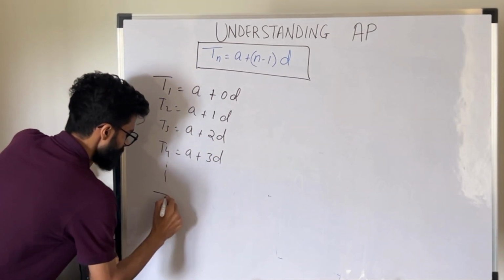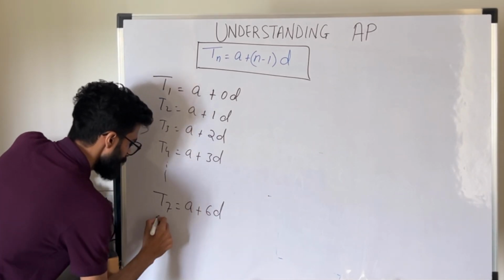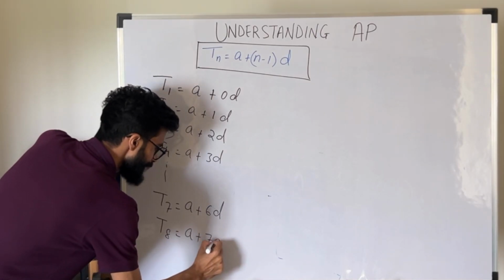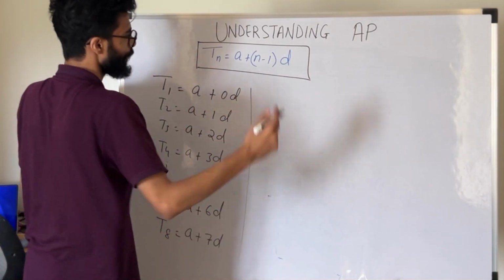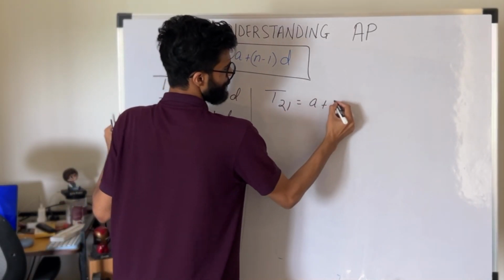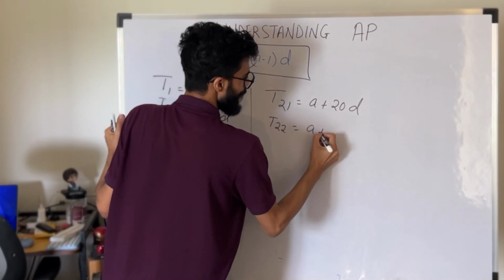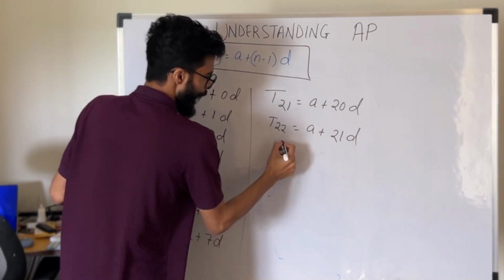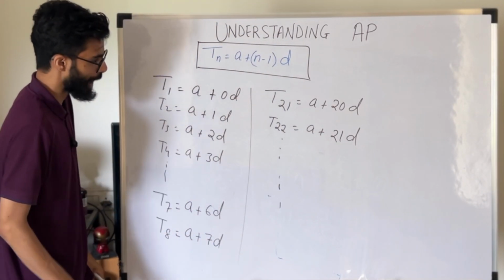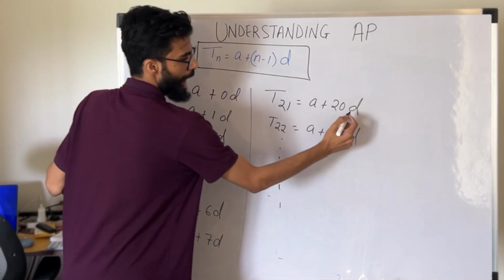If I continue this, T7 will be a plus 6d, T8 will be a plus 7d. If I keep going on, suppose T21 will be a plus 20d, T22 will be a plus 21d, and so on. I hope now we can write any term in terms of A and D form.